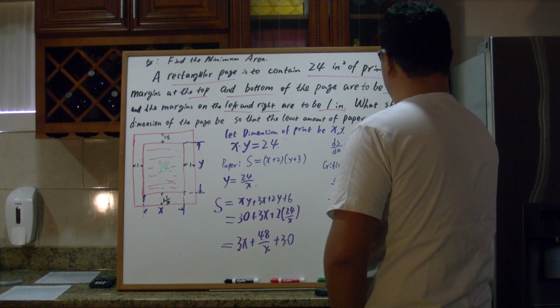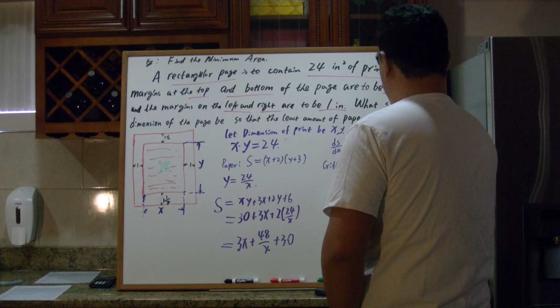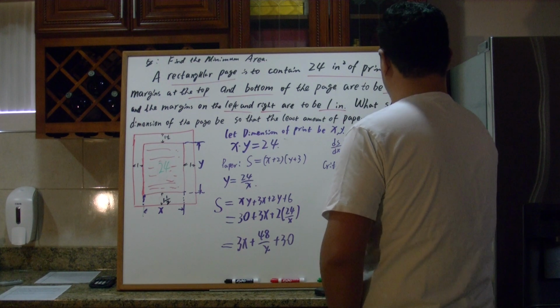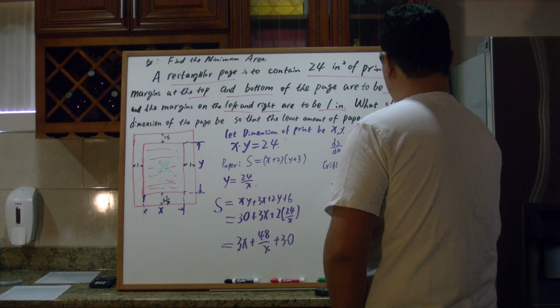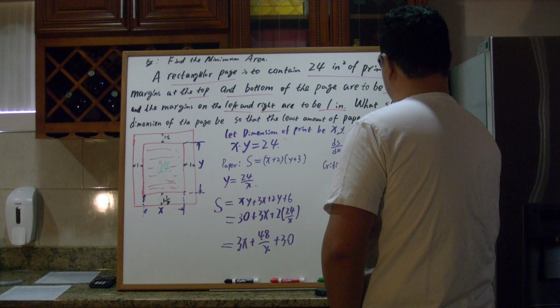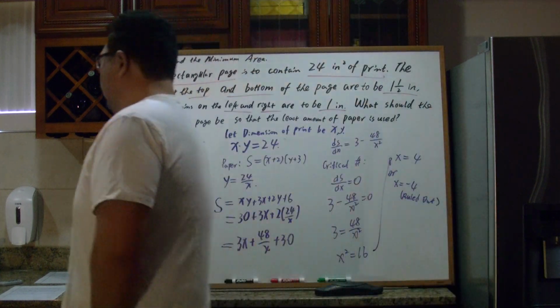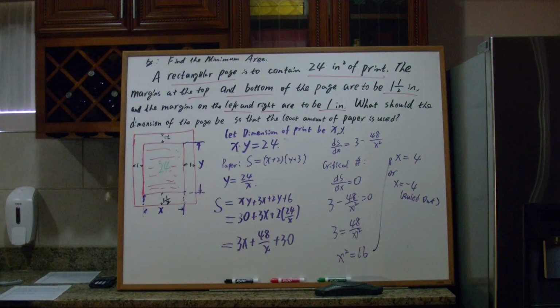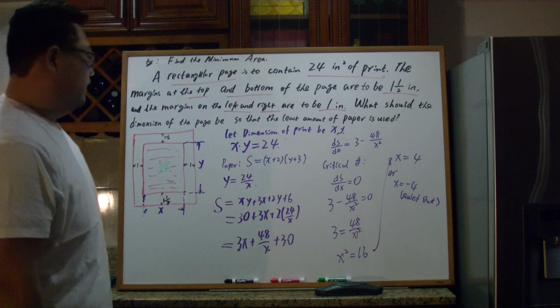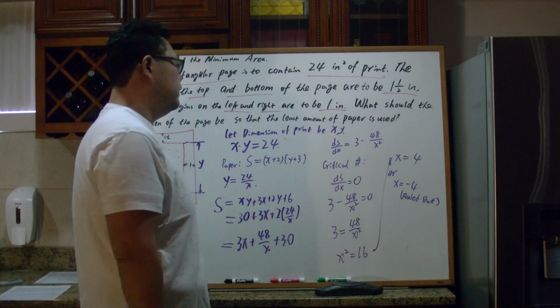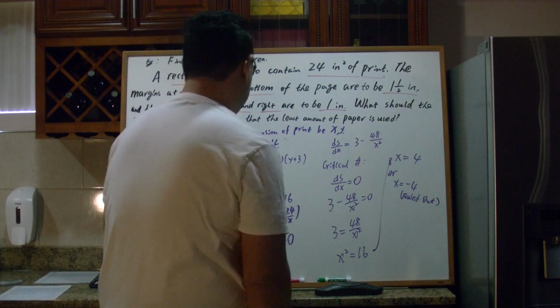The x to be 4, or x to be negative 4, and negative 4 is ruled out. Right, so what I find as the critical number, we have x to be 4.